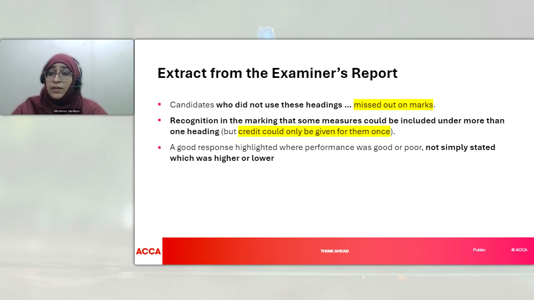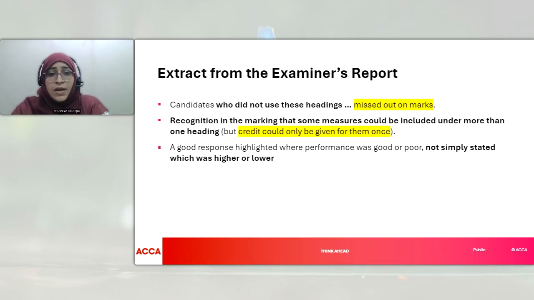This company is not effective, this is bad. Because it was supposed to be a comparison, you also had to step back, look at the big picture and say, in comparison to this hospital, this particular hospital is performing well in this area, which is perhaps economy, effectiveness, or efficiency.